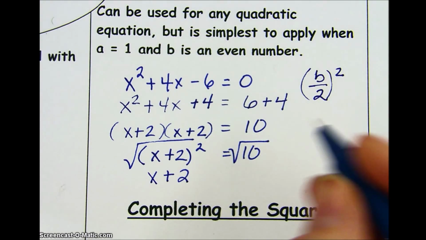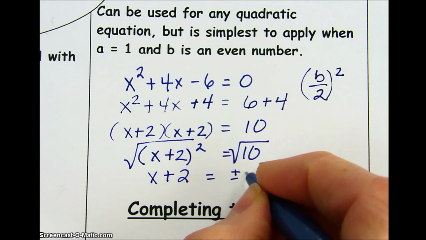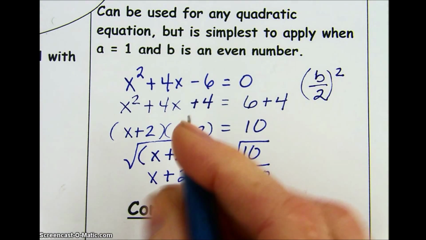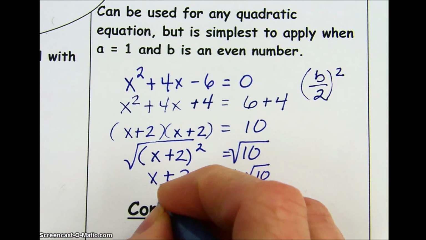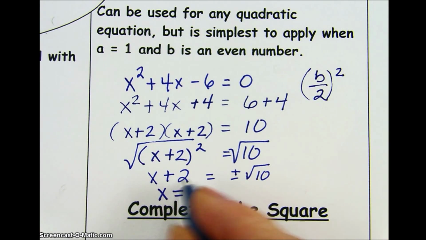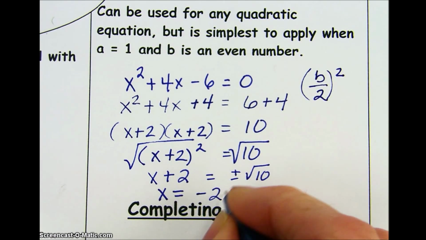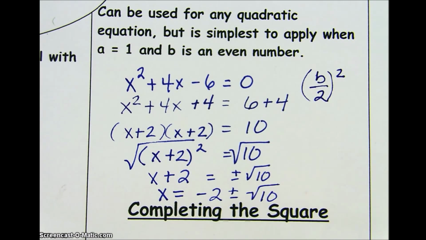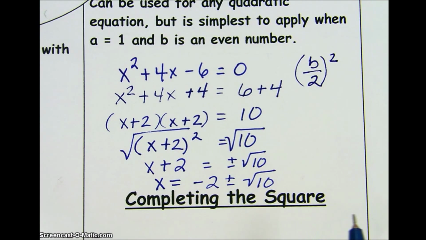I get x plus 2 equals plus or minus square root 10. Now you can see the x is just x to the first, so I can say x equals, take this 2 over, slide it in front of this plus or minus square root 10, and there's your exact answer. And of course, just like before, if you wanted the decimal answers, you could simply plug that into the calculator.